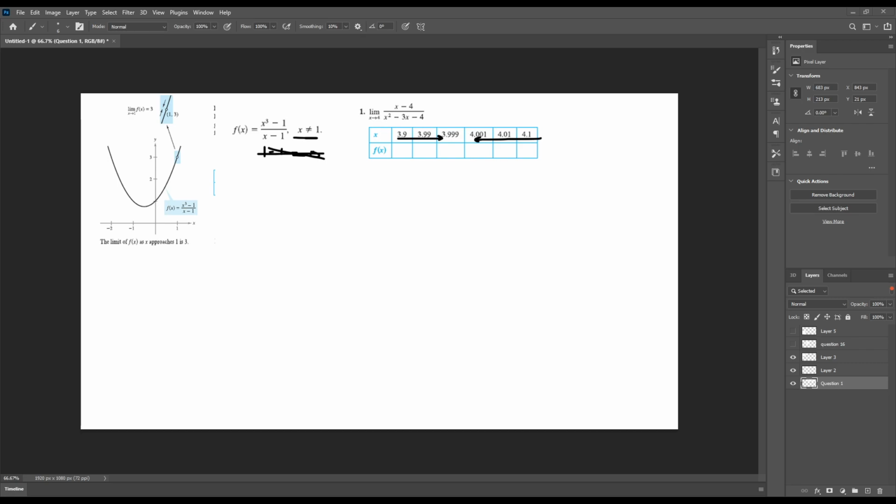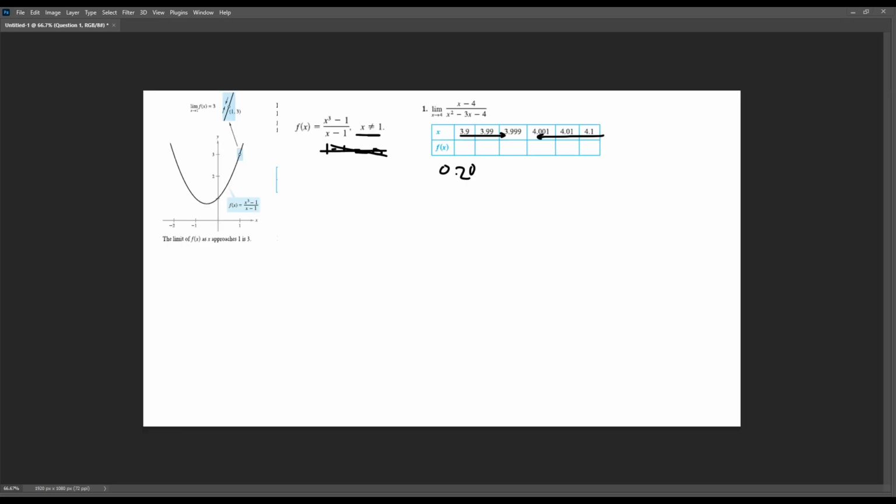So 0.39. This is a little time consuming. I already have the numbers memorized, but if you plug in x 3.9 over here, you'll get 0.204. And for this one, a simple trick is that this last number is all the numbers shifted back one.